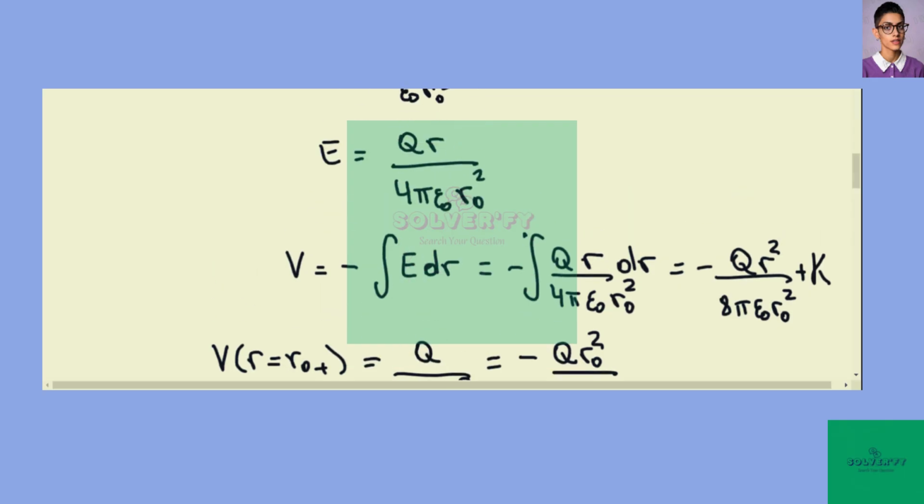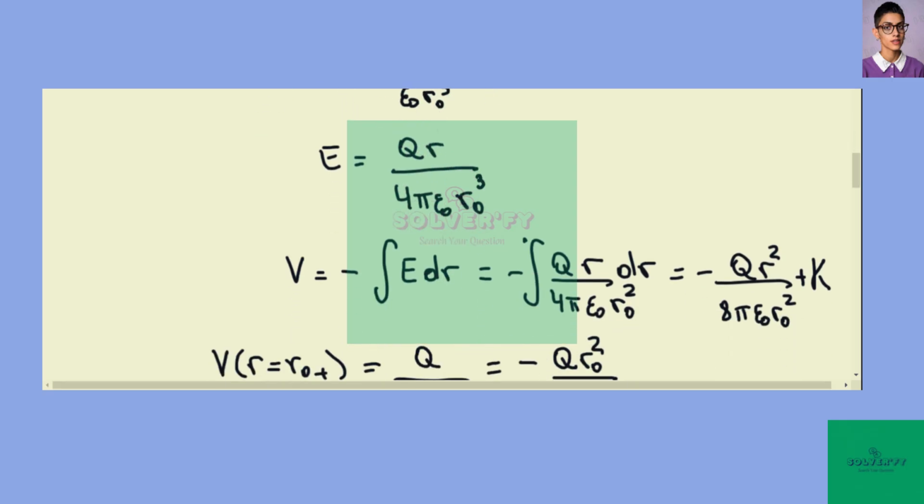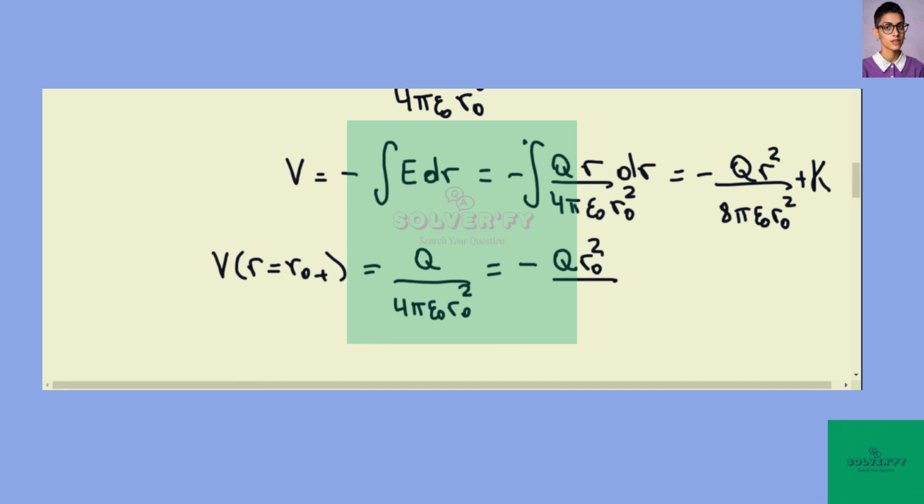Actually, there is a small mistake here. It should be r0 cubed here. Sorry for that. And here as well. So these terms here cancel out, and we are left with k.